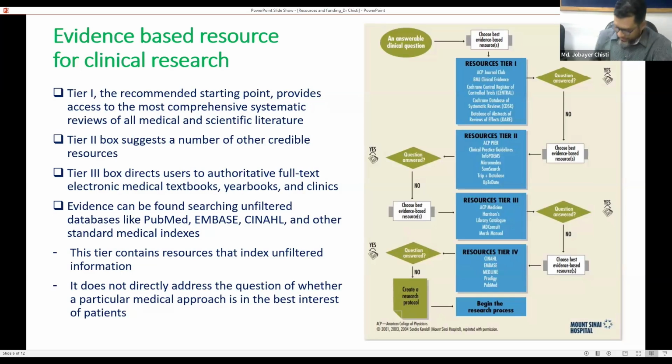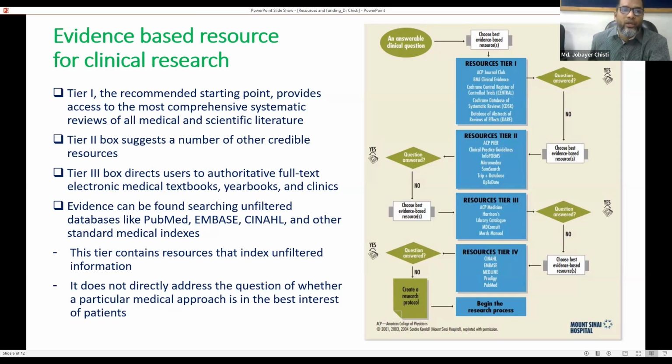In tier 1, all the initial recommended points, if we have a research question, we need to go to tier 1 initially to find out where we can find the answer to the question, which includes the most comprehensive systematic reviews of medical or scientific literature. These include all of this.